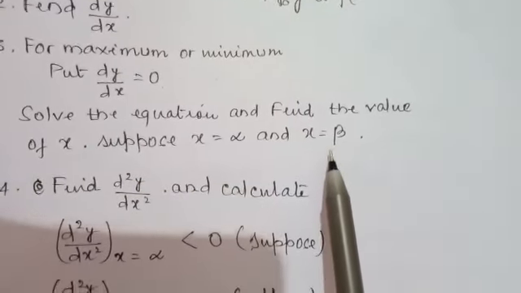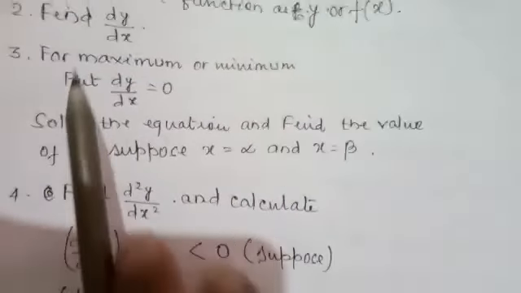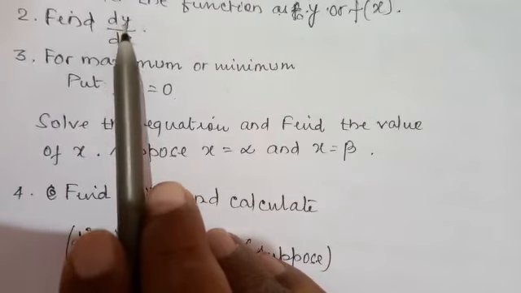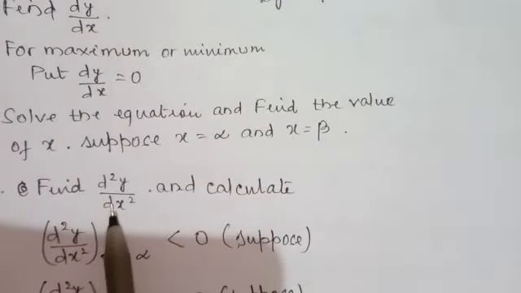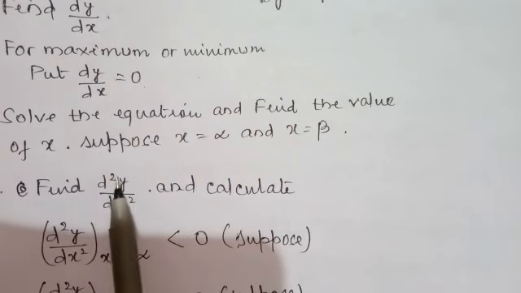Now again come back to step 2. After finding dy by dx, differentiate one more time, which means calculate the second derivative, that is d2y by dx square.